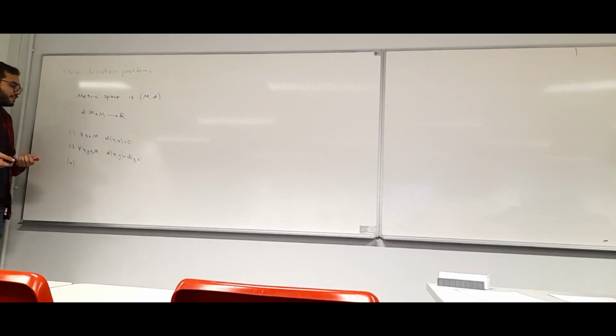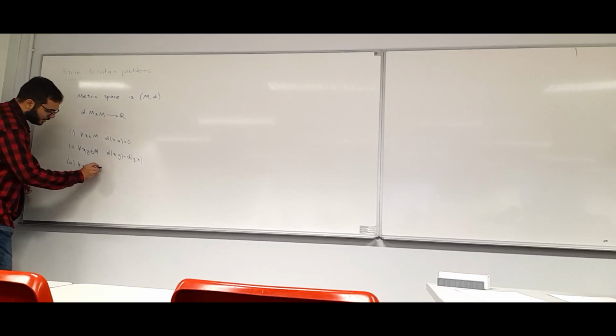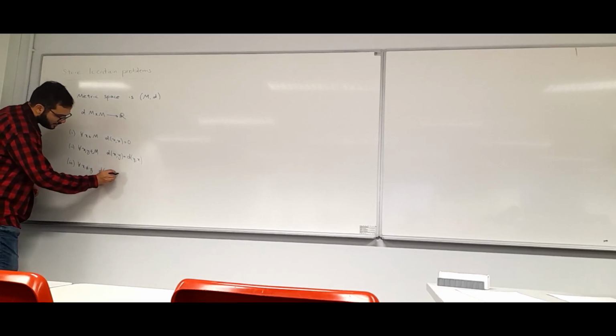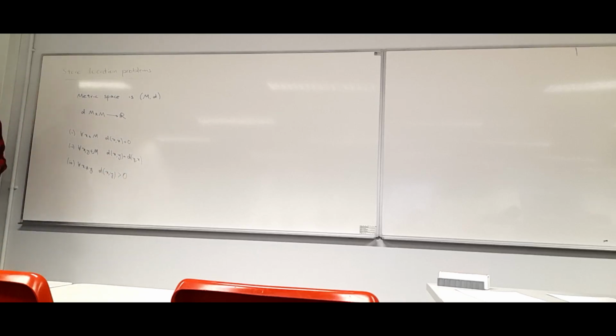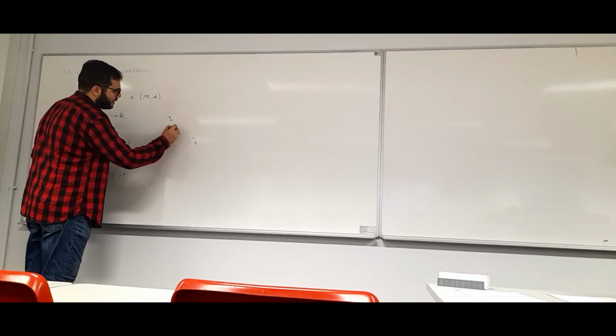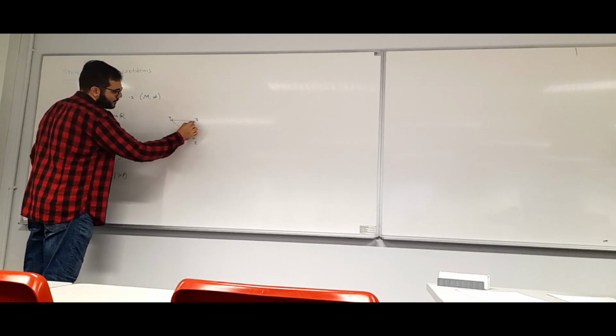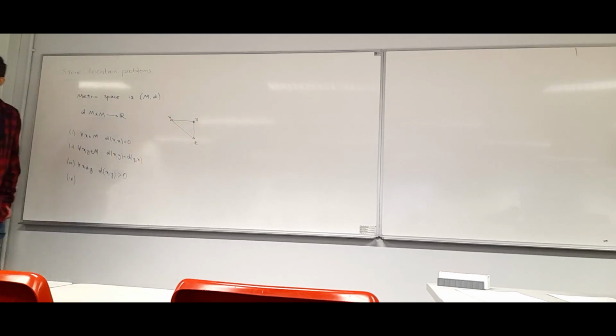Okay? Or in other words, if I take 2 different points, then their distance is going to be more than 0. So for every x that is not equal to y, the distance from x to y is strictly greater than 0. And finally, I want to have the triangle inequality, which says that if I want to go from x to z, and let's say this is my shortest path, if I have some other point y, and I go from x to y and then from y to z, that's not going to make my path any shorter.